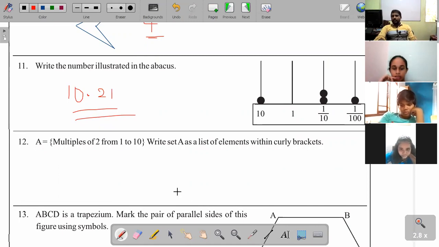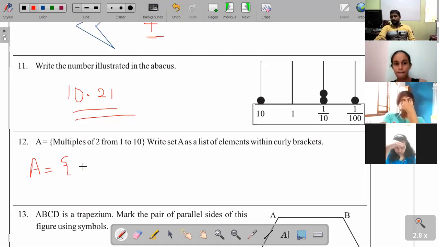List of elements means what are the elements this set contains. How can you write? Capital A equals. When you write the list of elements, you have to write within curly brackets. And inside the curly brackets, you have to write the suitable elements.